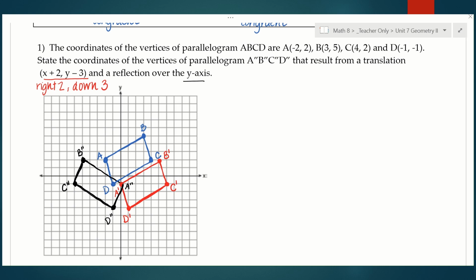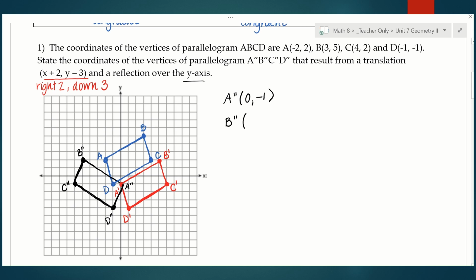Okay, now the last thing it says is to state the coordinates of the vertices of that parallelogram. So over here, I don't have to worry about A prime, B prime, C prime, D prime. We're just worrying about the double prime. Okay, so if you look, A double prime is (0, -1).